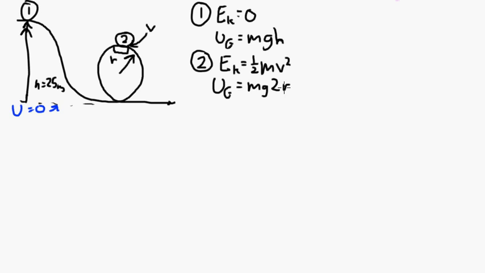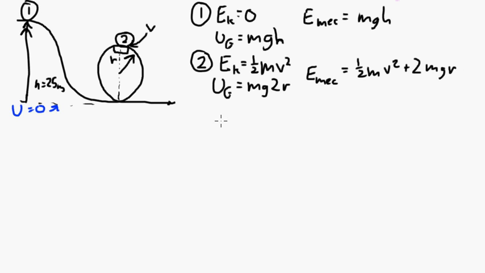It's a distance r up from the ground to the center here, and another distance r up to get to the top. So U_g is mg2r. At position 1, E mech equals mgh, and at position 2, E mech equals 1/2 mv squared plus 2mgr. So we set these two equal.